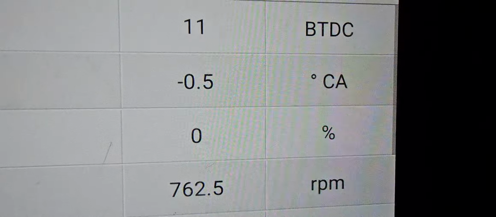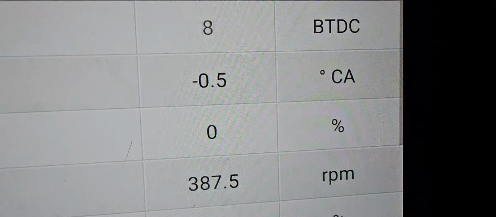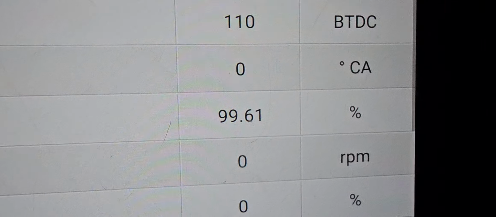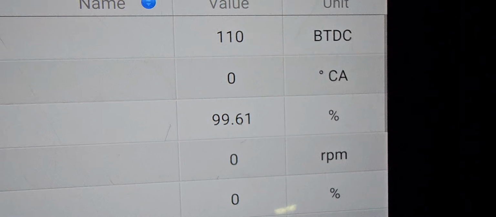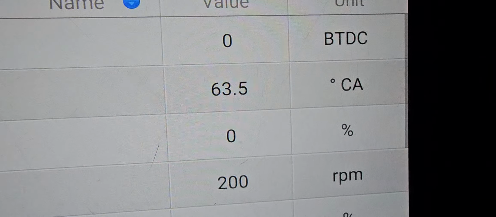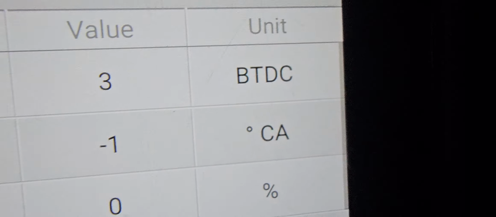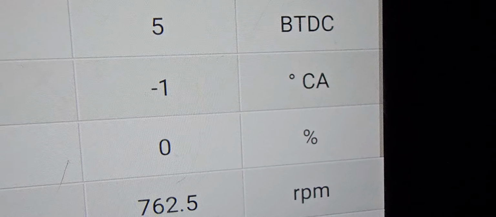This is the 2 here. Let me turn the car off. This is bank 1, that's the reading of bank 1.